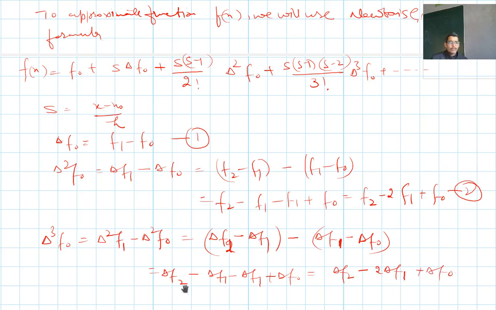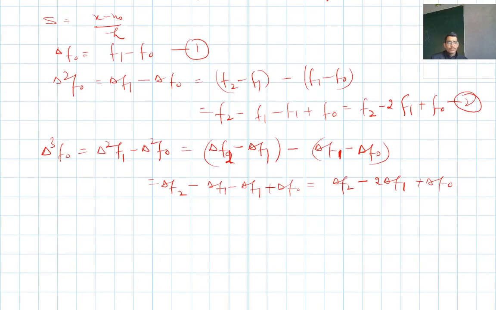So let me put their values. Delta f2 is f3 minus f2, and minus 2 delta f1 is minus 2 times f2 minus f1, and then plus delta f naught, which is f1 minus f naught.